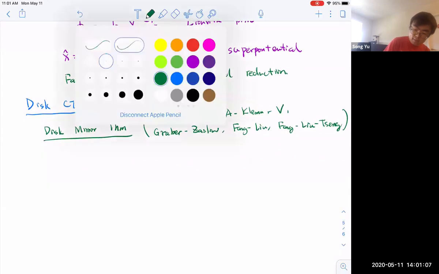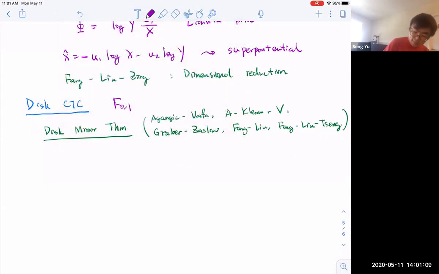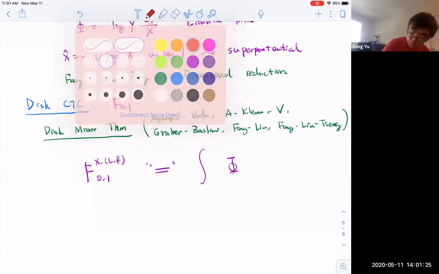Simply speaking, this is just saying that F_{0,1} of X, the generating function for the disk invariants of X, L, is equal to an integral of the Liouville form on the mirror curve along some path.